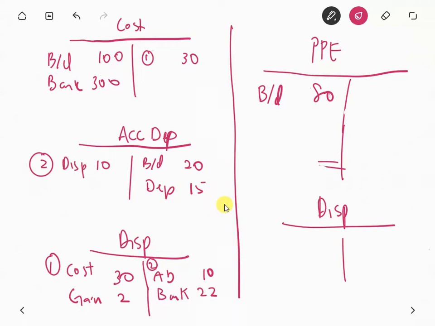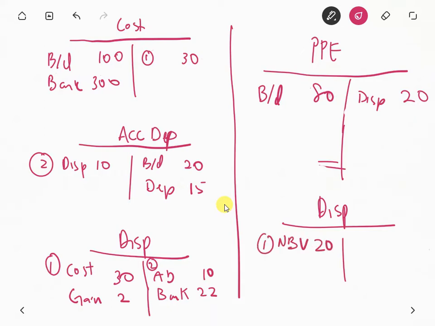So what must I do with my disposal? I must credit, correct? Should I credit 30 or 10 or should I credit 20 net book value? This is my net book value 80. When I sell off an asset with a net book value of 20, I must credit out 20. Transfer to here.